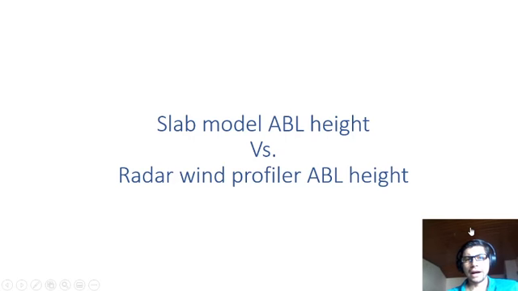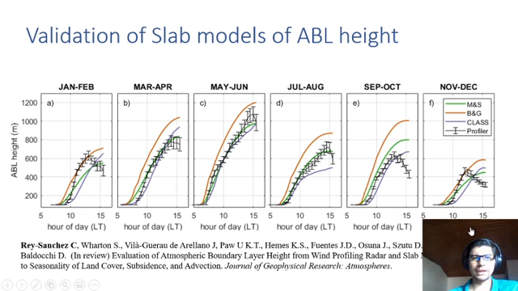So how good are these slab models when we compare them against the radar wind profilers? In this graph you see the comparison organized in periods of 2 months for the year of 2018. You see here the x-axis, the hour of the day, and the y-axis, the boundary layer height.